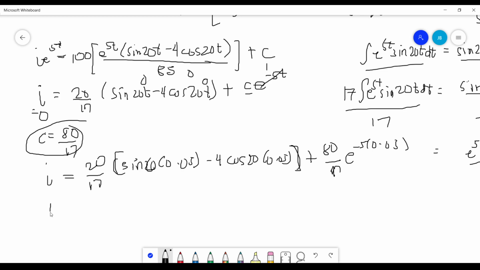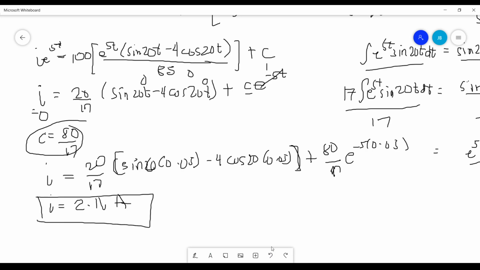Please check your calculator if you have the same answers. So the current is equivalent to 2.11 amps. Now this is your final answer. I will post a forum for your questions. I encourage you to ask questions. Thank you and good day.